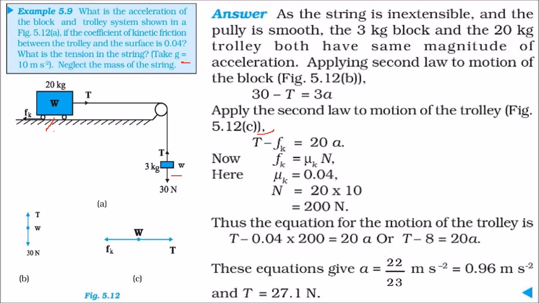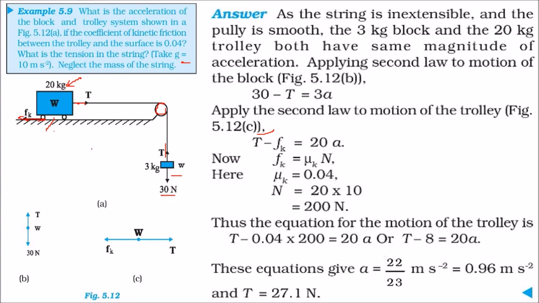When it is moving, we have Fk as the opposing force, that is the surface force because it is moving. This is 20 kg, this is tension, and the same tension will be here because this is a pulley. 30 Newton will be the force because of gravity.